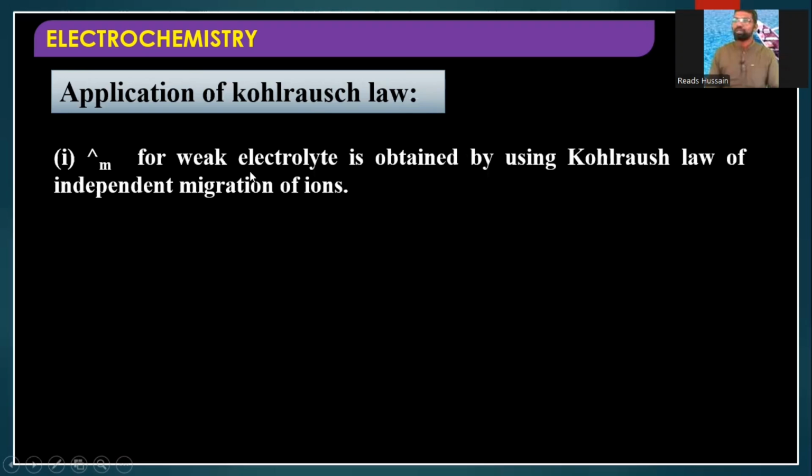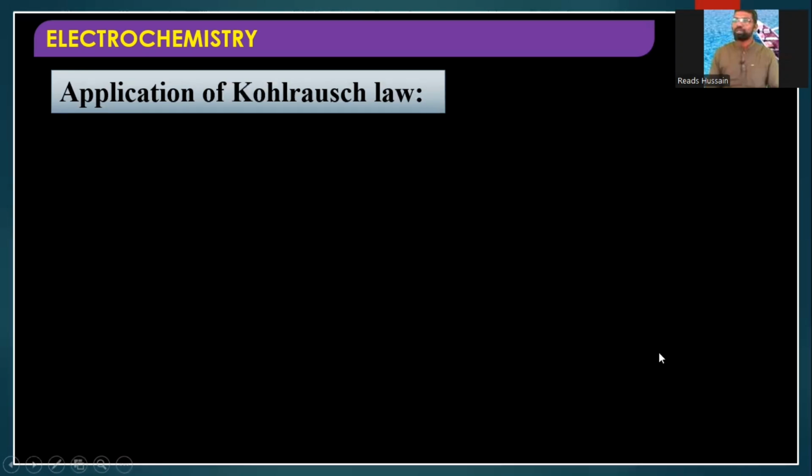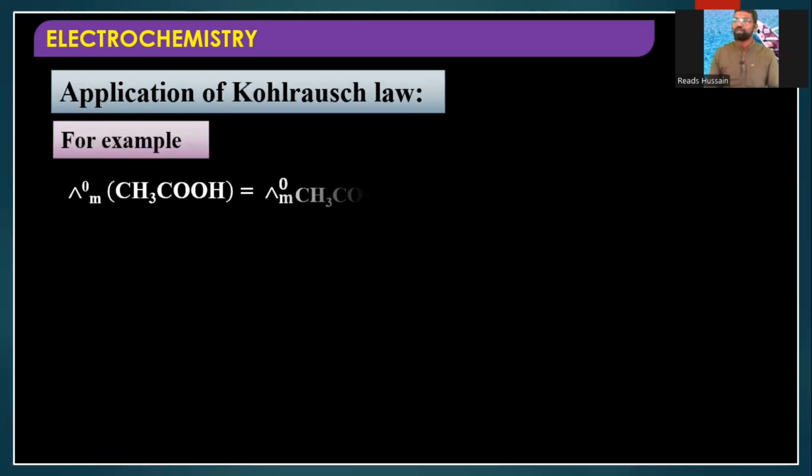Debye-Huckel-Onsager equation is for strong electrolytes. Kohlrausch law is for weak electrolytes. Getting the point? And for this, a few examples. See here, acetic acid is a weak electrolyte, so it needs some explanation.